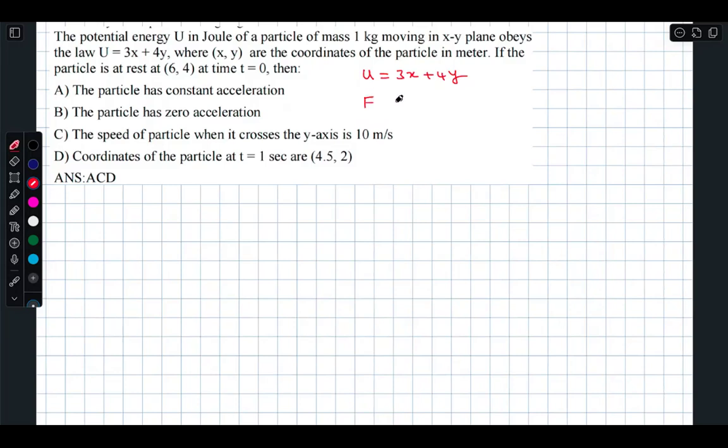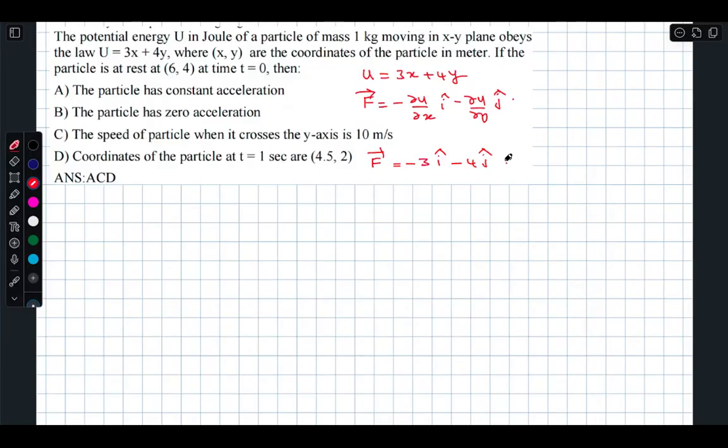F is minus 2U by 2x i cap minus 2U by 2y j cap. So finally F bar is minus 3 i cap minus 4 j cap. Any doubts?